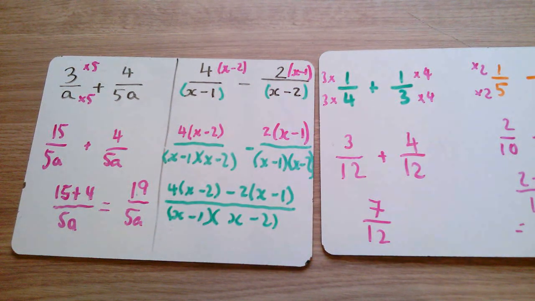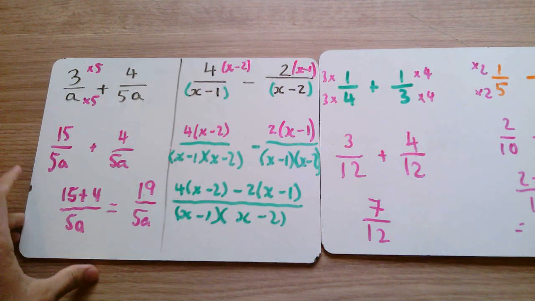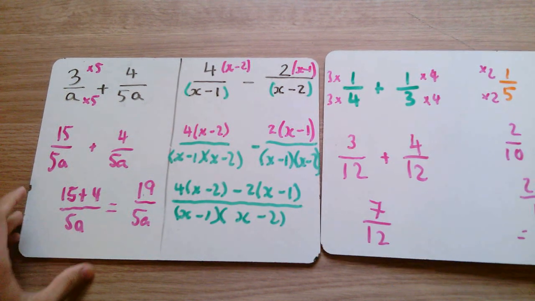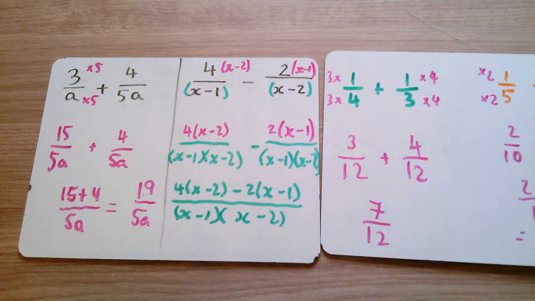Now for this step, I need to expand the brackets on the numerator and then simplify it down. So I'm going to do that over here.